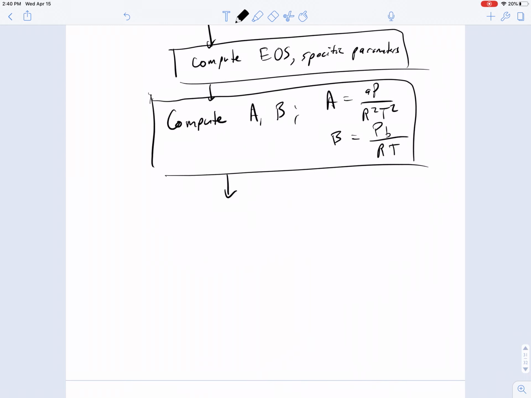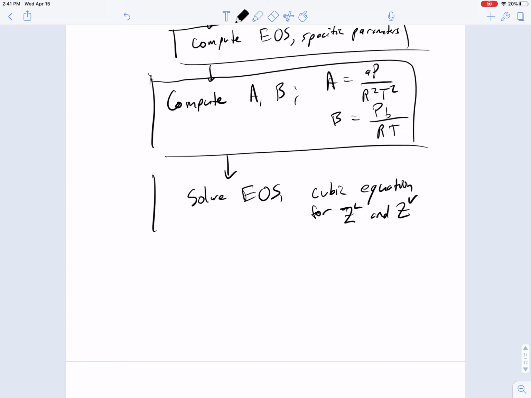Okay, then solve the EOS. Solve the cubic equation from before for ZL and ZV.